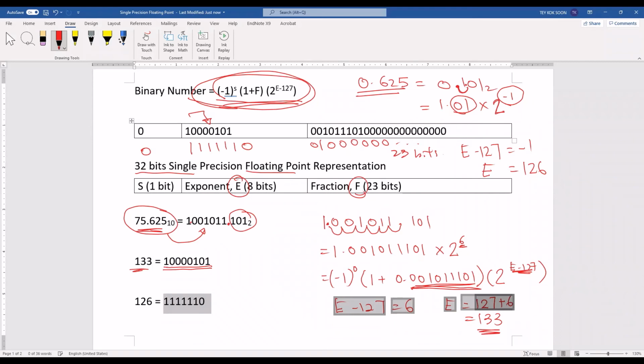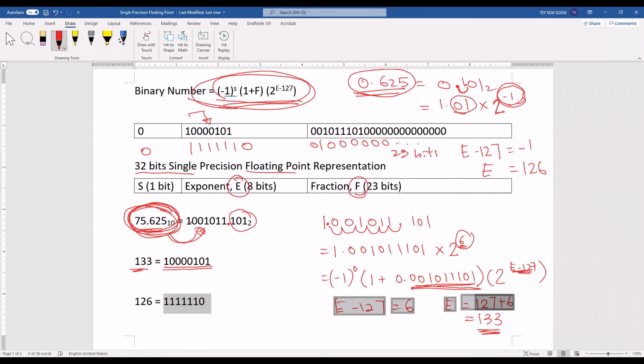Okay, so this is how you convert a decimal number into single precision floating point. The only difference is that for a bigger number, the exponent will be positive, and for a small number, the exponent will be negative. So the steps are: convert the decimal number into binary.